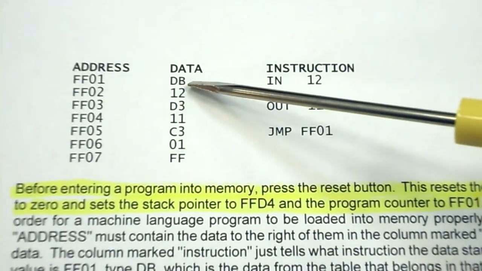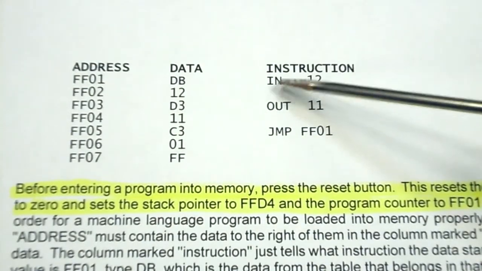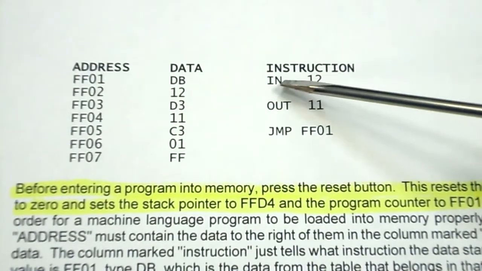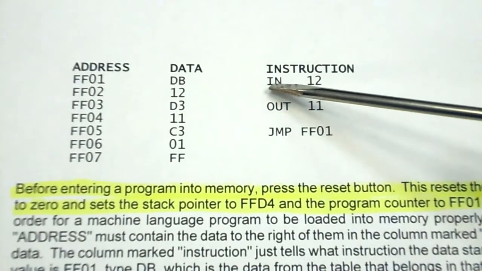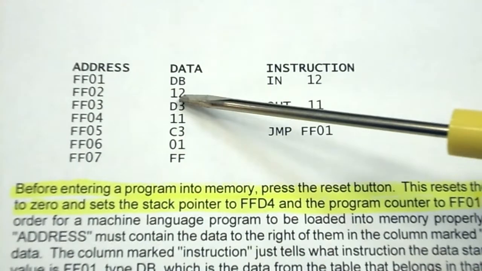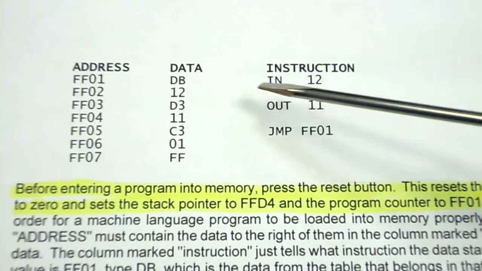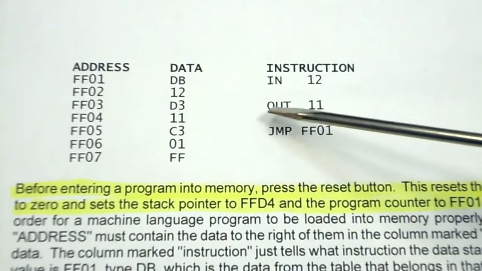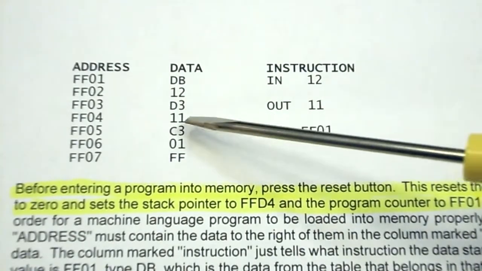You'll notice that these codes down here are actually written over here, and they actually have a meaning. So DB is actually the IN instruction, and 12 is the actual port location. So here D3 is the OUT instruction, and we're going out to port 11.